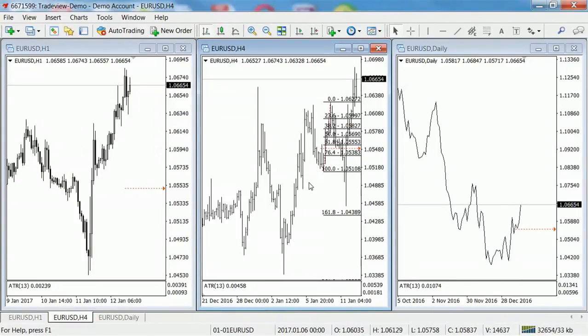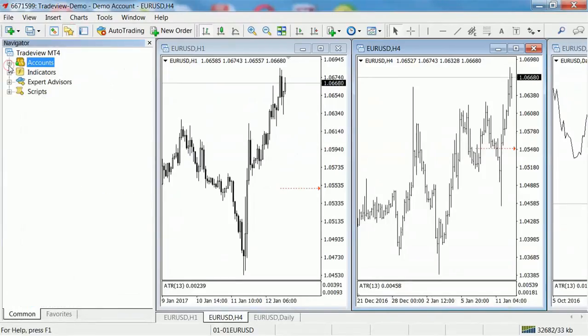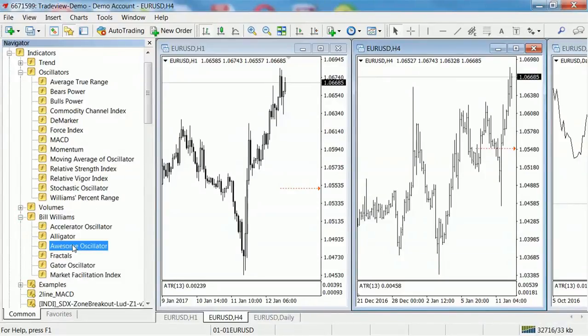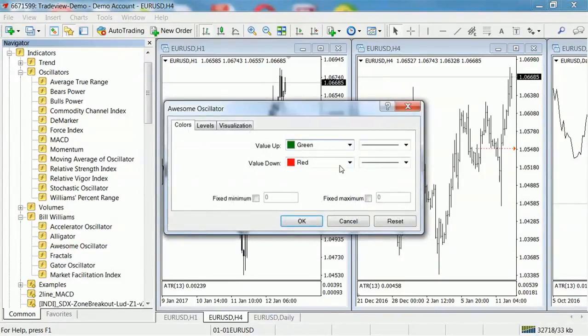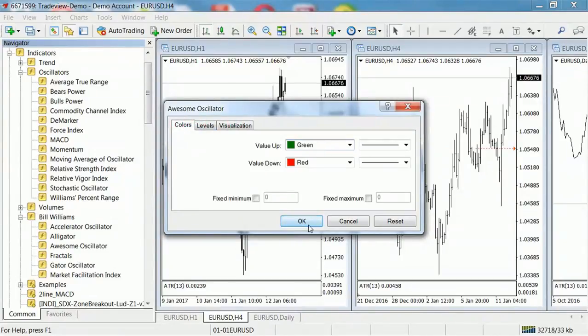To overcome that problem, we can put another indicator to identify market overbought and oversold, and you can use any oscillator that you like, maybe a MACD, a momentum, or RSI. My favorite is Bill Williams Awesome Oscillator, and that's what I use. There is nothing to set because it's defaulted at 34 period.